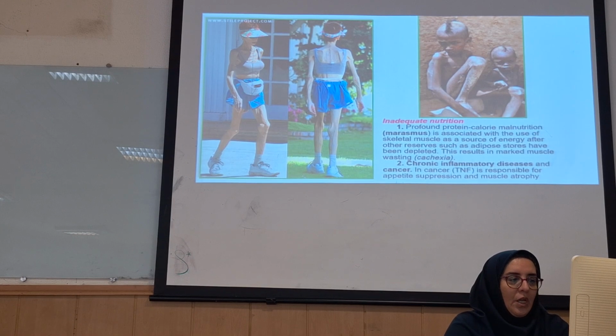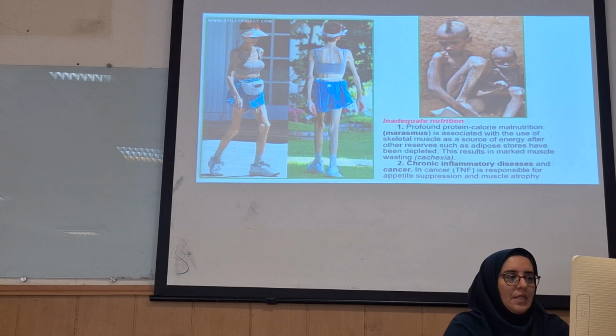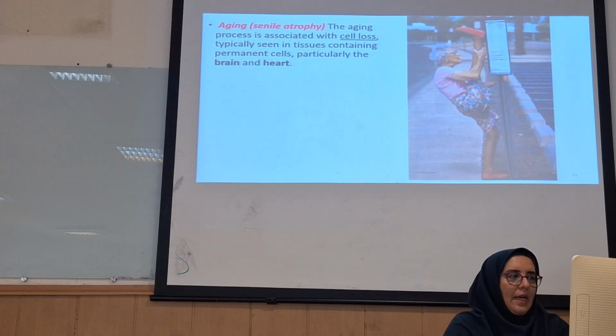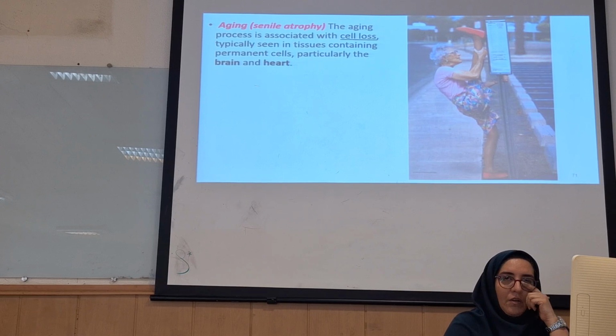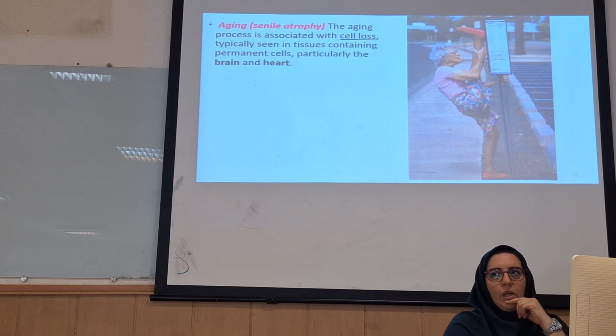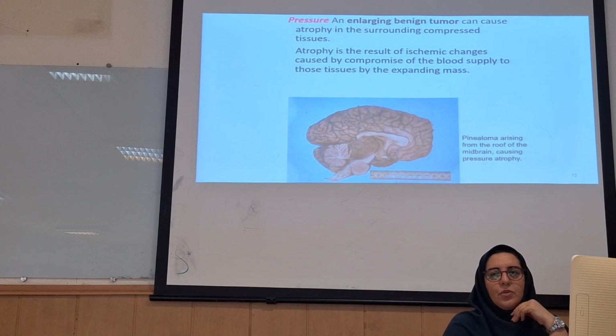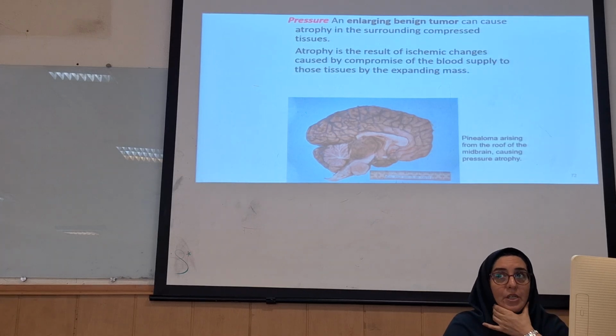Inadequate nutrition, for example, marasmus or chronic inflammatory disease associated with severe weight loss due to inadequate nutrition, and also aging or senile atrophy, cell loss, for example, in the brain, in the heart, and other organs in aging is prominent. And pressure atrophy is due to a tumoral lesion.